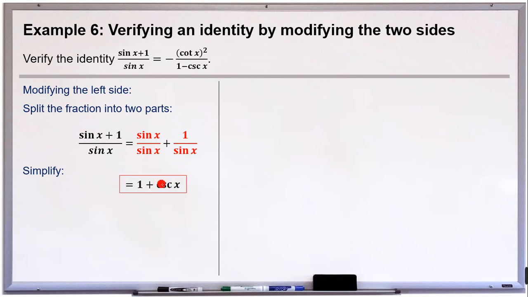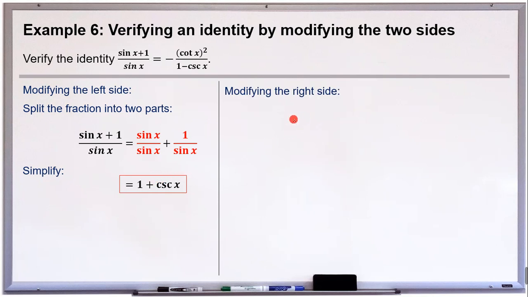Now we will proceed to the right side, and let's try to modify that one so that we can arrive at 1 plus cosecant x. If we can arrive at this one, then these two are an identity.